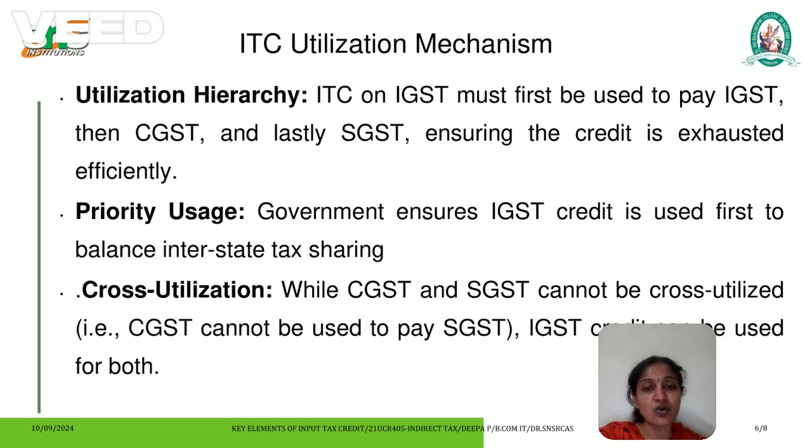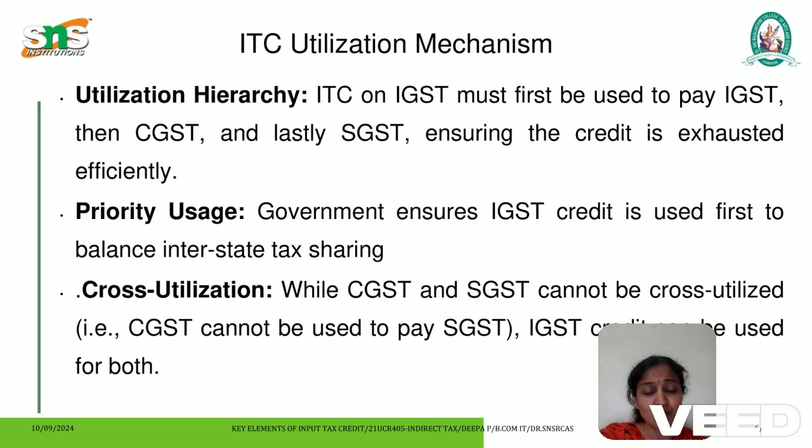Next is the utilization hierarchy. Input tax credit on IGST must be first used to pay IGST, then CGST, then lastly state goods and service tax, ensuring the credit is exhausted efficiently. Priority usage: the government ensures IGST credit is used first to balance interstate tax sharing.